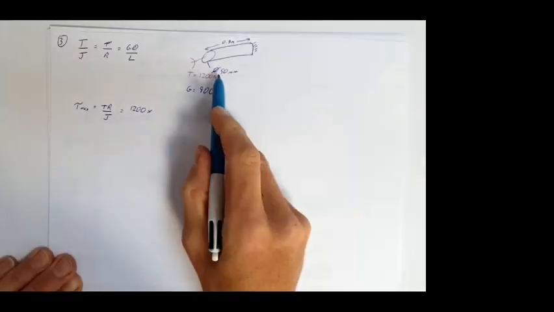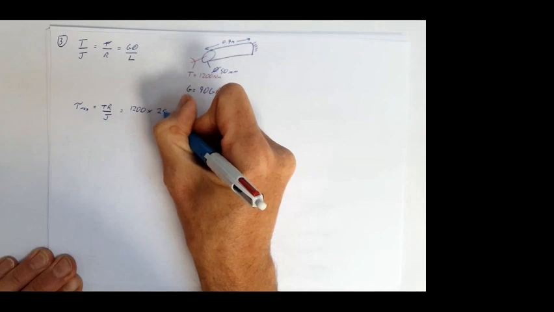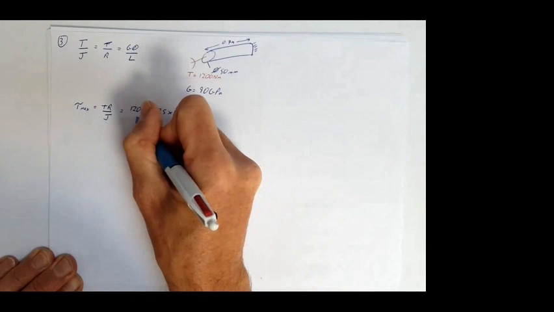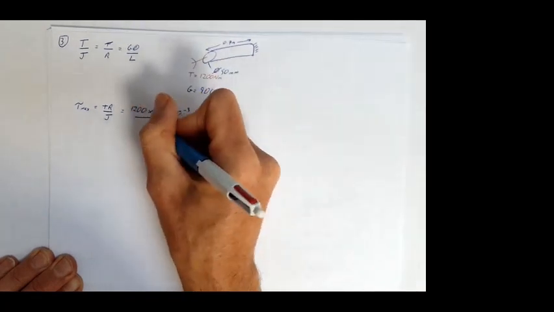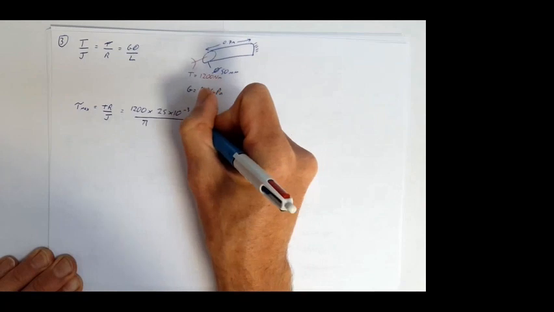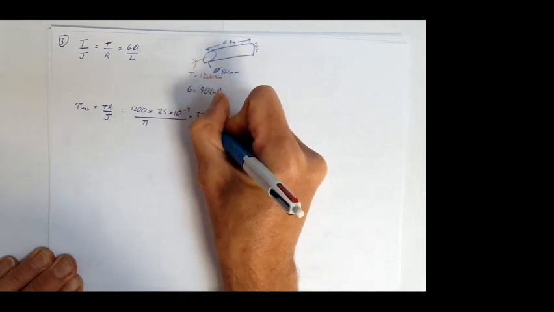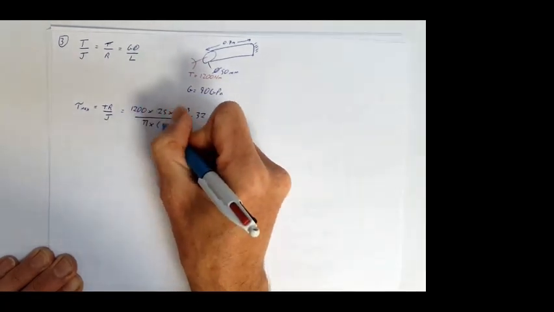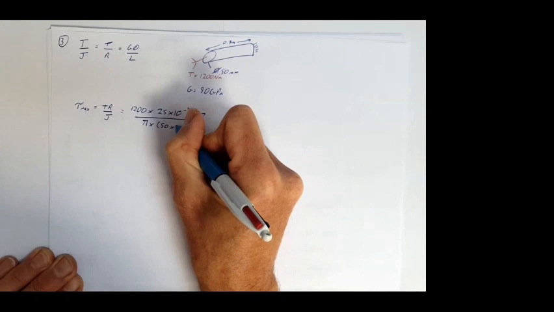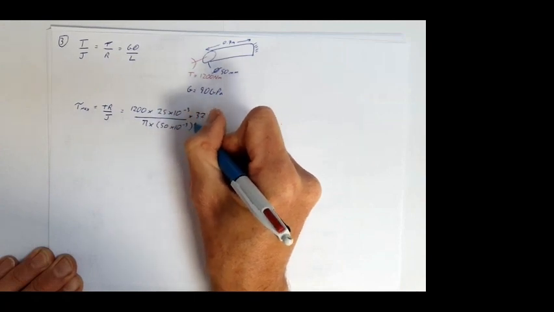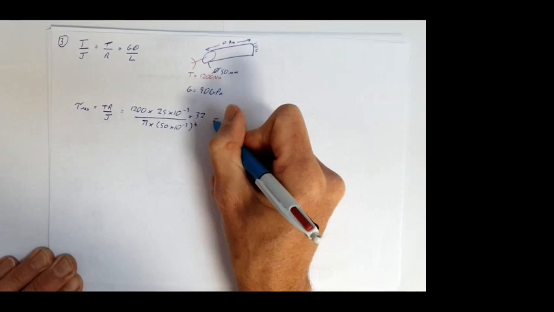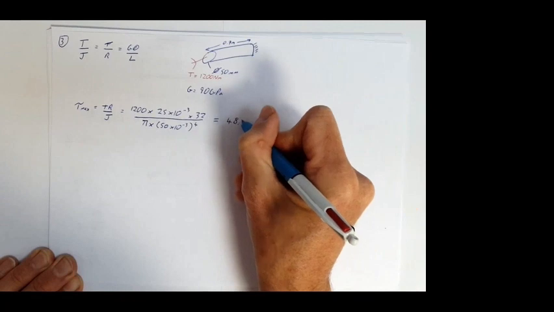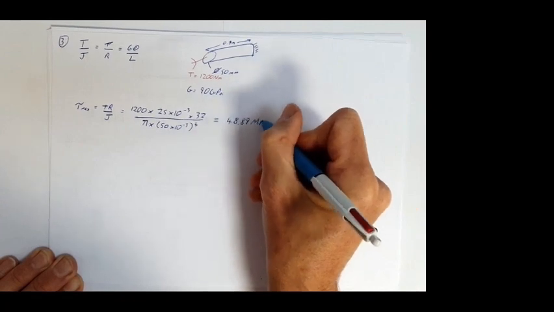This is 50 mil diameter, so the radius is 25 times 10 to the minus 3, divided by J, which is pi over 32 times by the diameter raised to the power of 4. So that's 50 times 10 to the minus 3 raised to the power of 4, which gives me 48.89 megapascals.